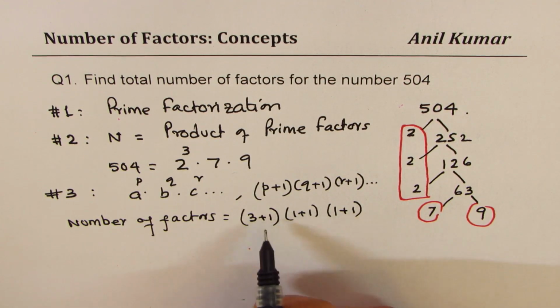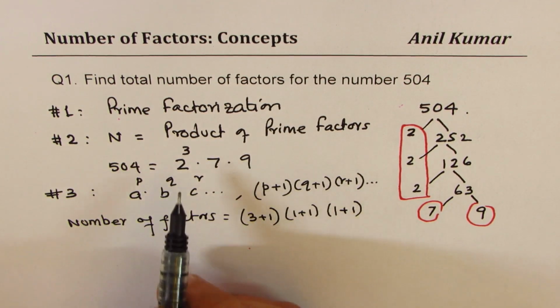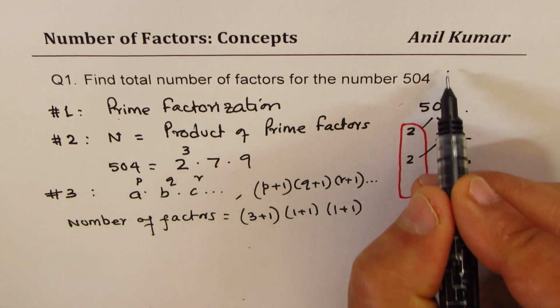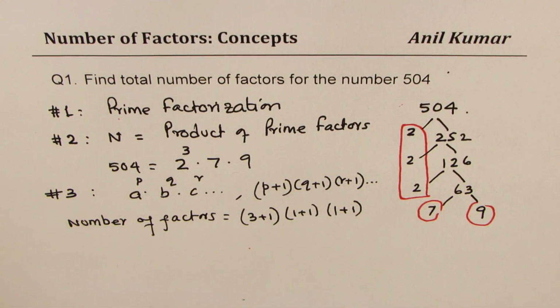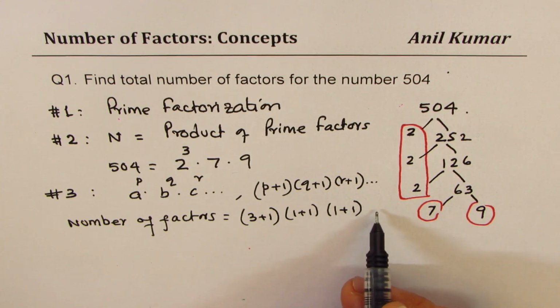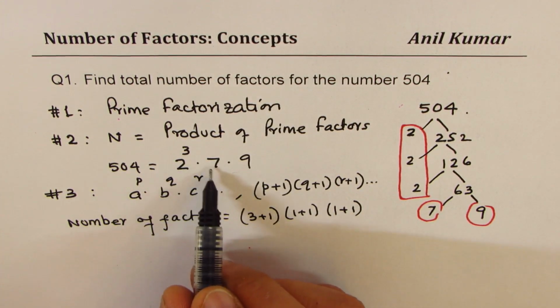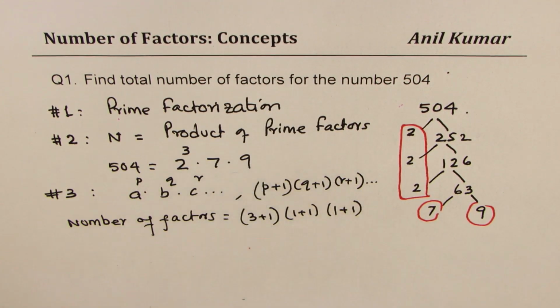And now you will see one of these choices is not to take any one of these factors, but that will give you 1, right? Since we know 1 and 504 are also factors. So we are not taking away 1 from the product. The reason is that not taking 2, 7 or 9 results in 1, which we need to count. 1 is also a factor. Perfect.